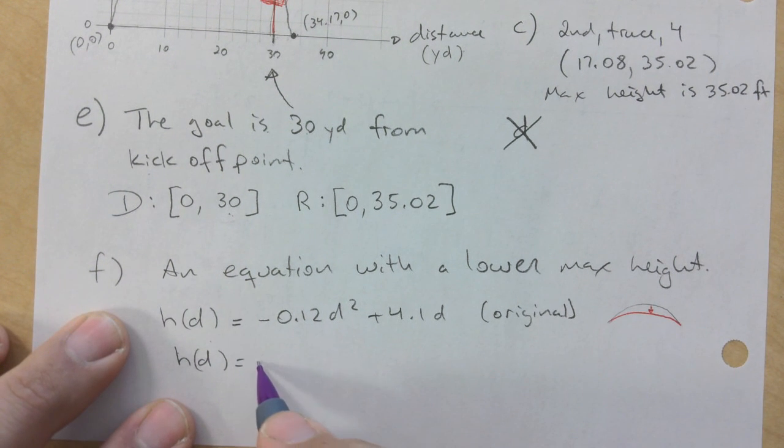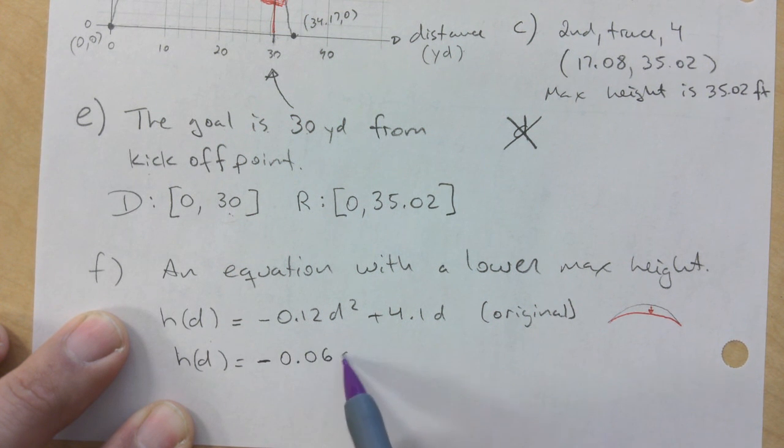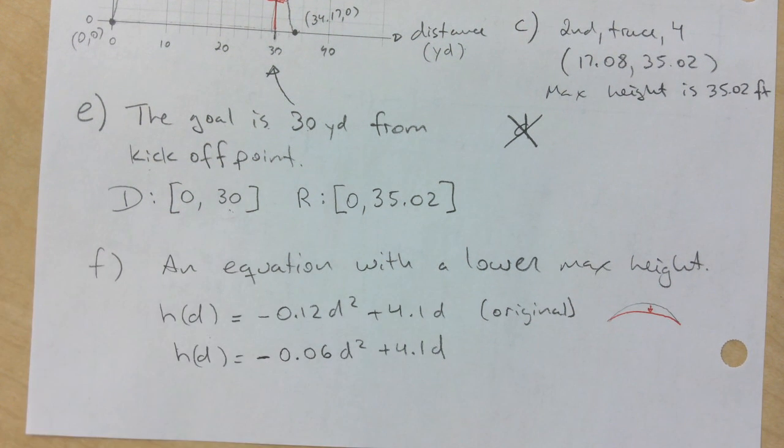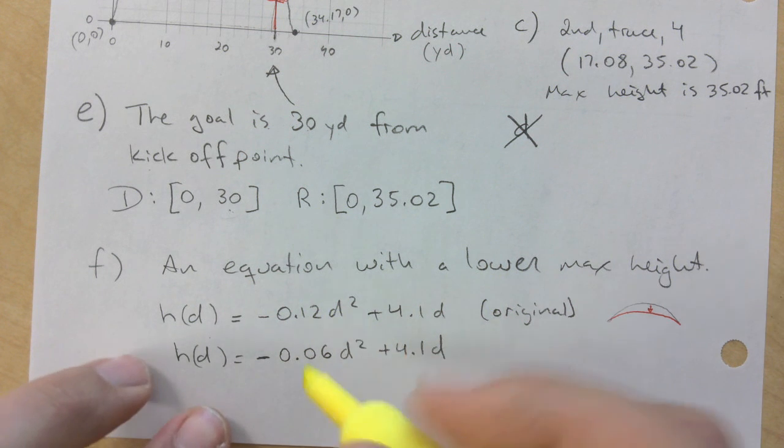So how about we make it smaller? Let's reduce that to half: negative 0.06 d squared plus 4.1 d. Leave everything else alone and just do this. Just highlight that point.